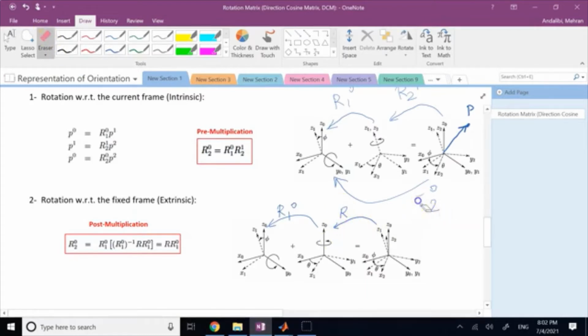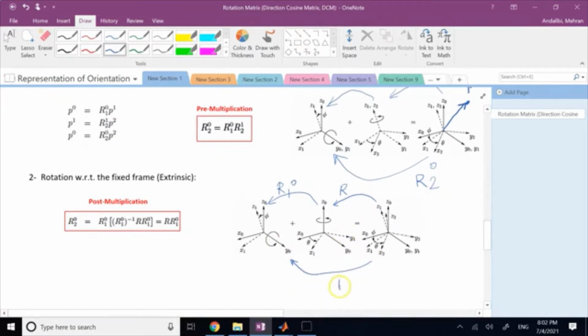I'll tell you why. But if I can do that, then if I want to go with one step from 2 to 0, and I call this R of 2 with respect to 0, the way you do it is backwards.